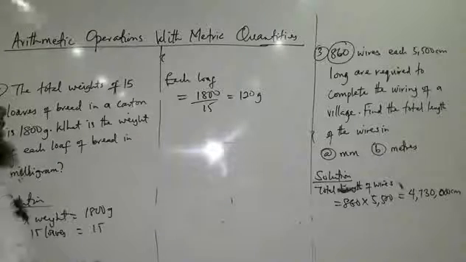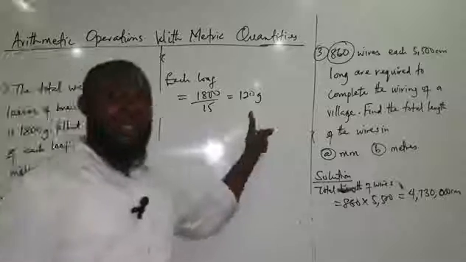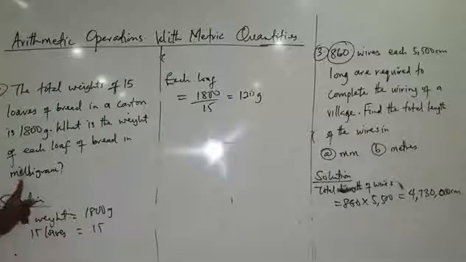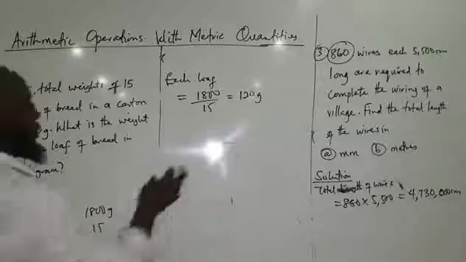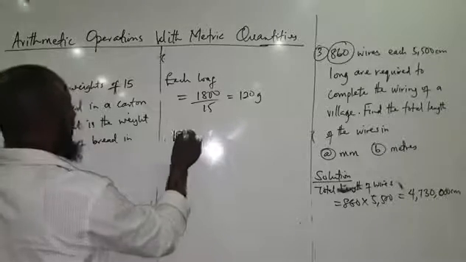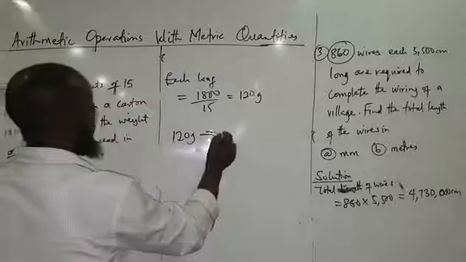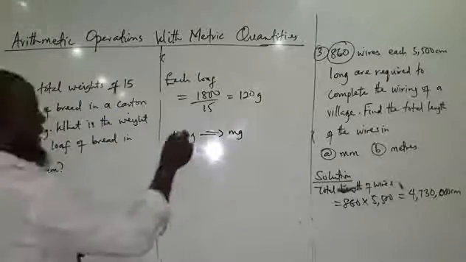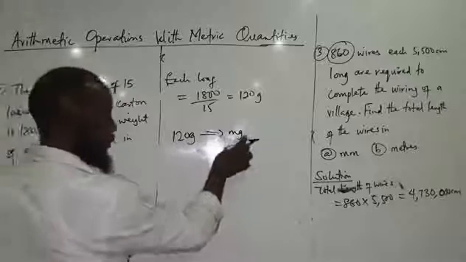But don't forget, we are not asked to express our answer in grams. We are asked to express it in what? In milligrams. So changing this 120 grams to milligrams now, we need to go back to the basics. How many milligrams make 1 gram?